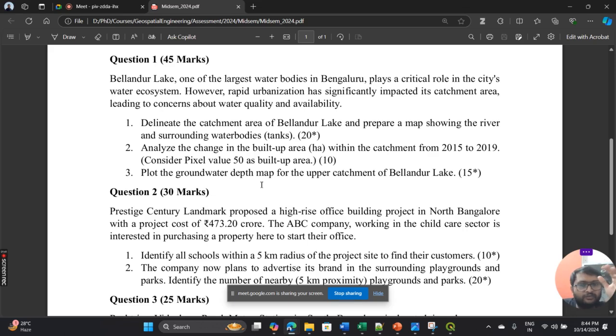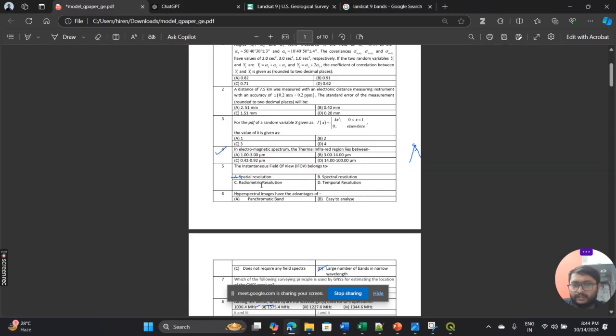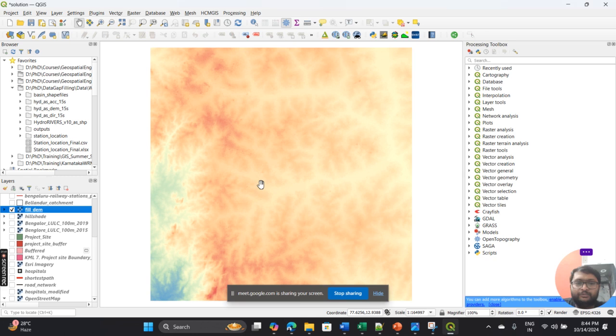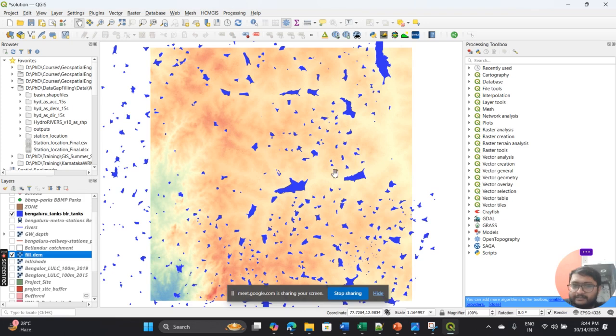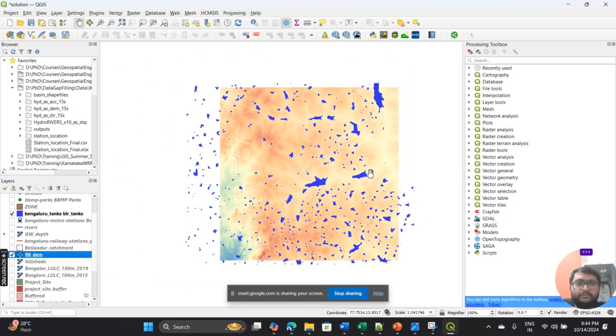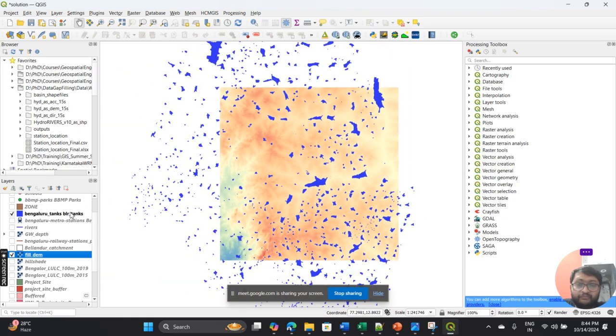To solve this question, first we have to find out the location of Bellandur Lake. For that, we can use the data layer of the different lakes, and from that we can find out which lake is Bellandur Lake.